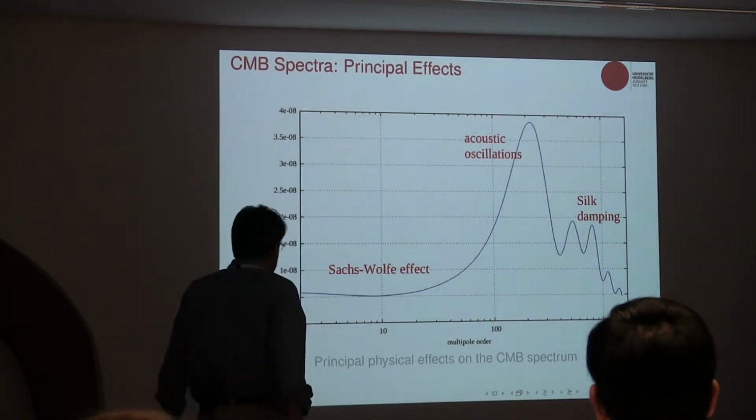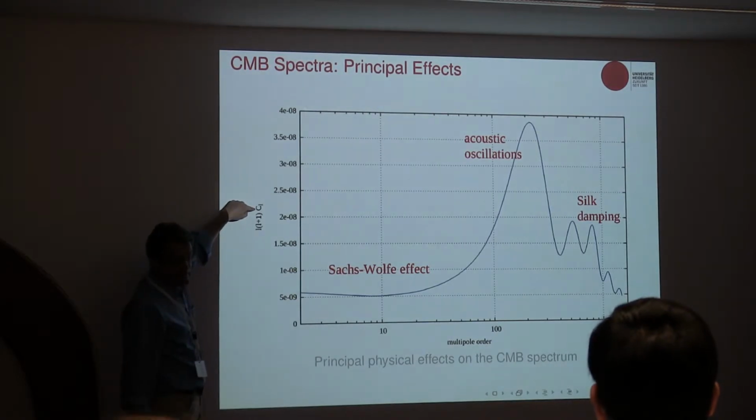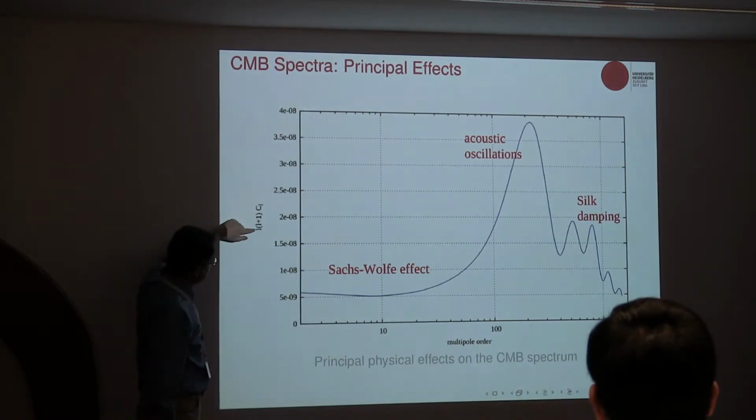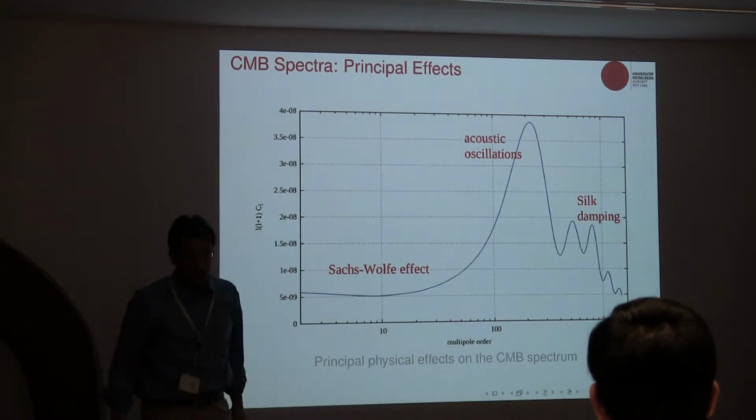All right, the quantity that is usually plotted here is not really the power spectrum itself, but l times l plus 1 times the power spectrum. So this corresponds to the spectrum k cubed times power spectrum that we looked at yesterday. It's the number of modes times the power spectrum.